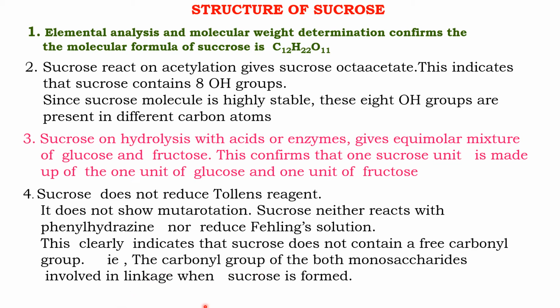If there was, it should naturally give the reactions of Tollens reagent, mutarotation, Fehling solution and phenylhydrazine. But it is not giving any of these reactions. This shows that when glucose and fructose combine to form the sucrose molecule, it does not have a free carbonyl group.